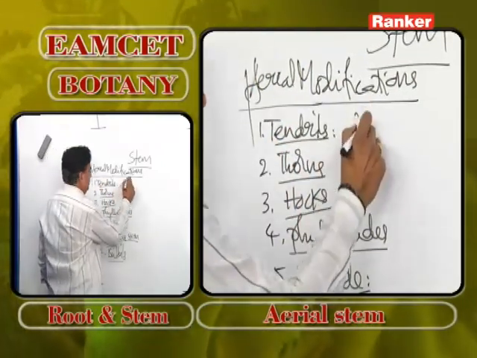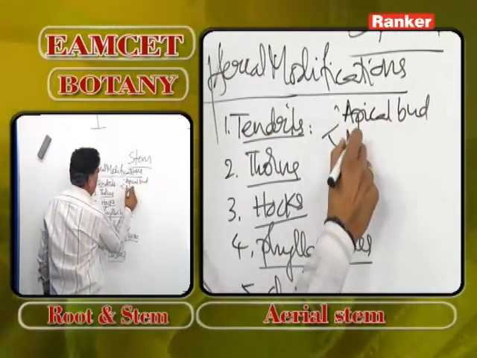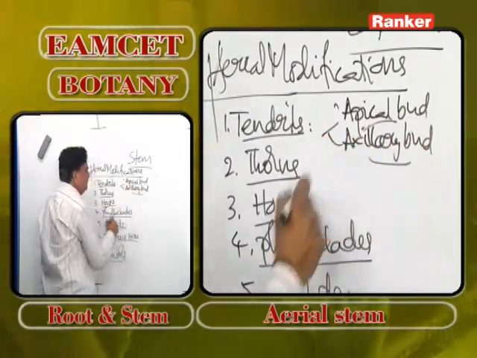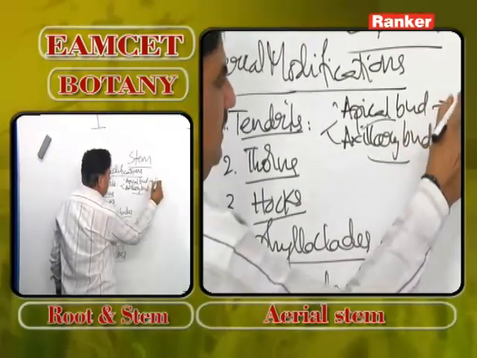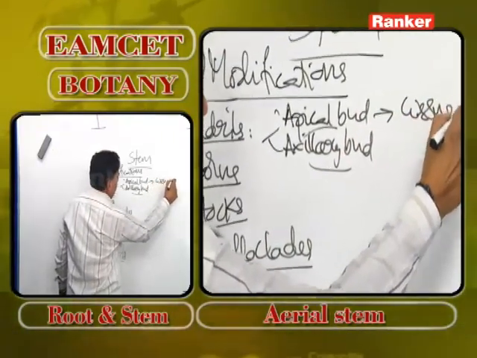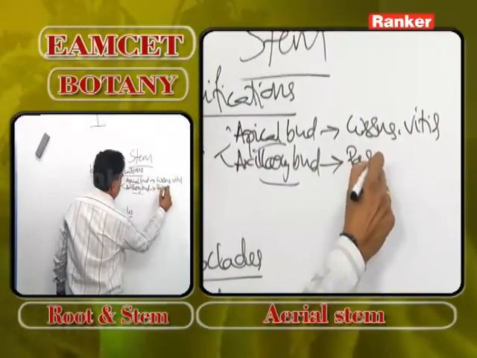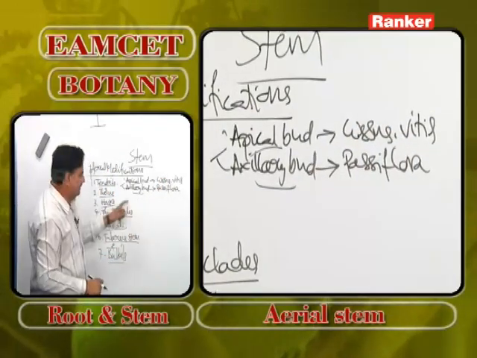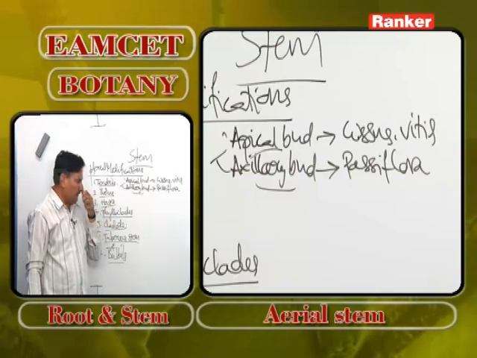Whenever an apical bud or axillary bud modifies into a tendril, then only it is regarded as a stem modification. Apical bud becomes a tendril in Cissus and Vitis. Axillary bud becomes a tendril in Passiflora.